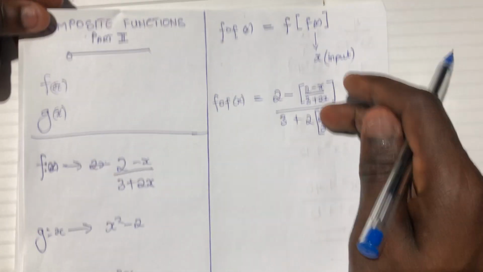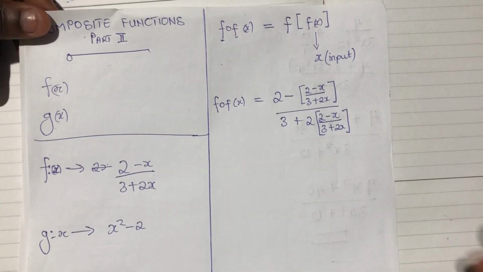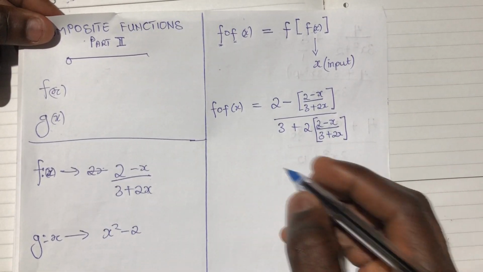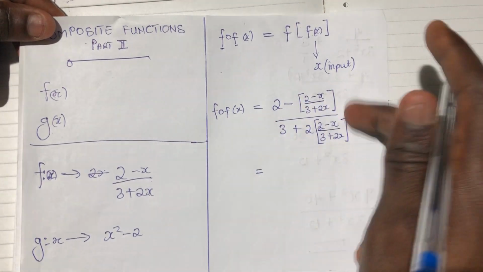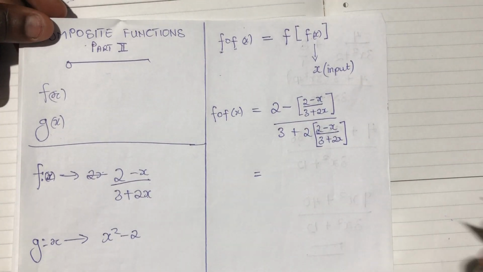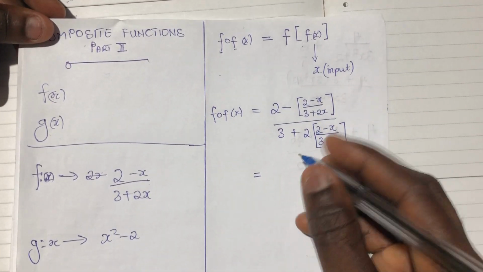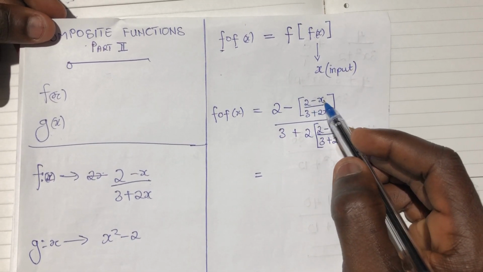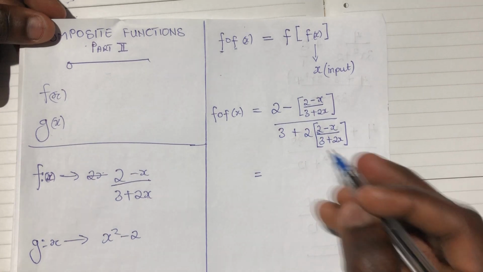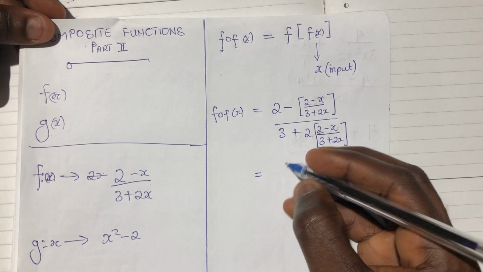Most of us at this point can continue. There are those of us that may have issues, so I'll carry on from there. If you think you can just solve the rest of this, you just need to finish it fast. So now this negative we have here will affect the numerator alone. So let me solve it using the basic steps.